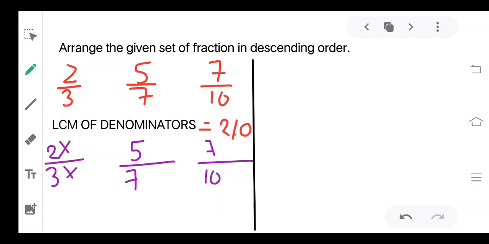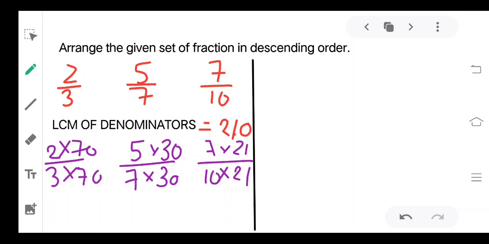Now we multiply to get 210. When I multiply 3 by 70, the answer is 210. When I multiply 7 by 30, students, we have to multiply the same number with the denominator and numerator also. And 10 21s are 210. So 2 70s are 140 upon 210.